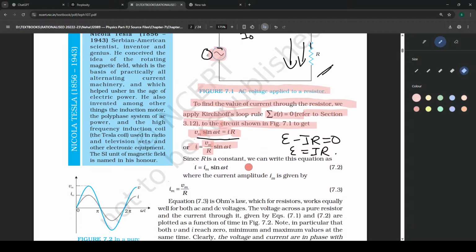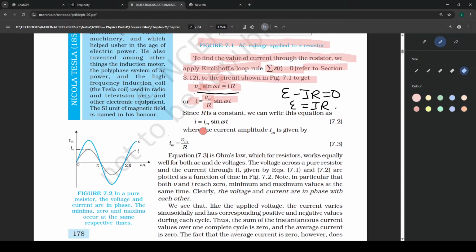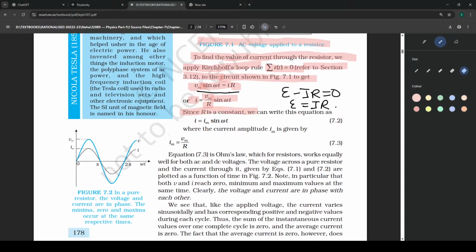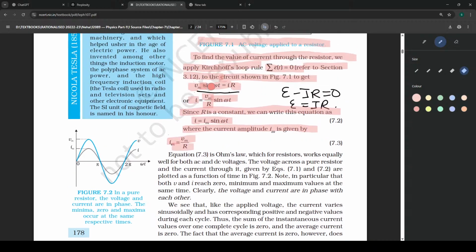Here in case of an AC circuit, both potential and current are functions of time, they vary with time, but resistance is constant, it won't change. Since R is constant, we can write this equation as Im sin omega t, where Im is the peak value of the current, where the current amplitude Im is given by the peak voltage by R.